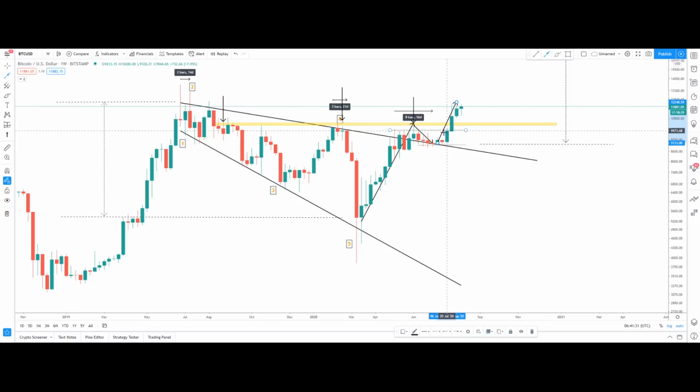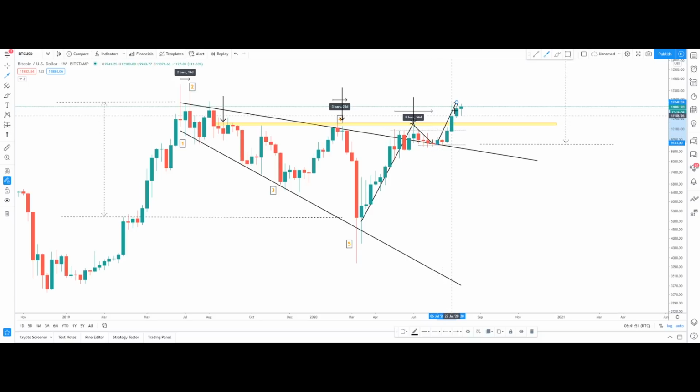Why? Because when we broke to the upside, we didn't have a confirmation that this upper line might be a strong support for Bitcoin, because we started heading straight to the upside. We failed to break, we came back here, and we also followed this upper line of this ascending triangle, indicating, hey, this is a very strong support for Bitcoin right now.